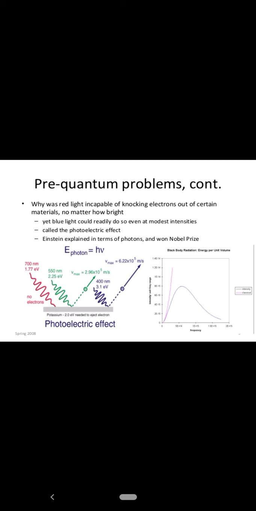Einstein explained this effect in terms of photons and won the Nobel Prize, where the energy of each photon is given by h nu. Without quantum mechanics, we could never have designed and built semiconductor devices, computers, cell phones, lasers, CD and DVD players, barcode scanners, surgical applications, MRI, nuclear reactors, atomic bombs.